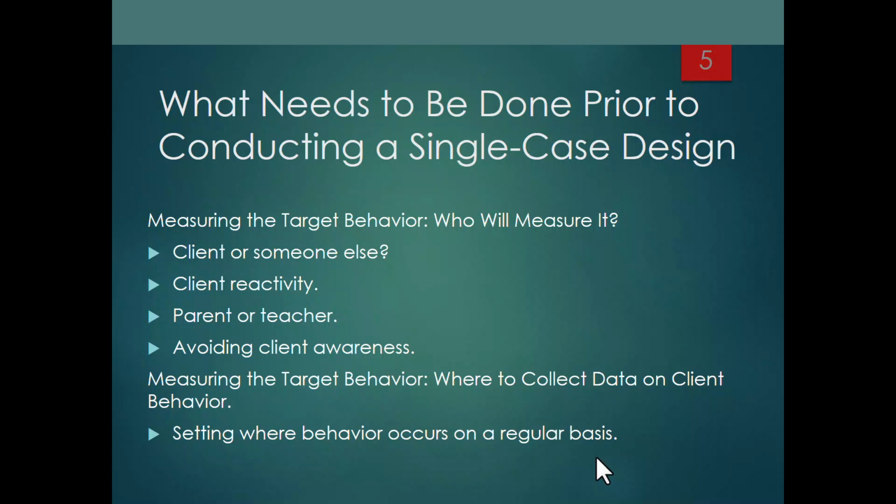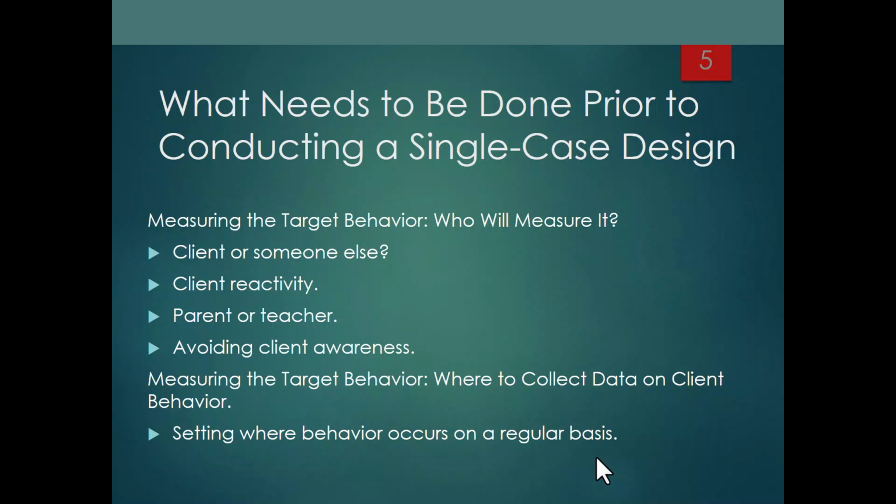So with client reactivity, the client may be a good choice as he or she knows when the behavior occurs, but this also raises concerns about reactivity, which refers to changes in target behavior due to the client recording the behavior, and this also causes a threat to internal validity. A parent or a teacher may be a good choice if the target behavior is measurable and depending on where the behavior occurs.